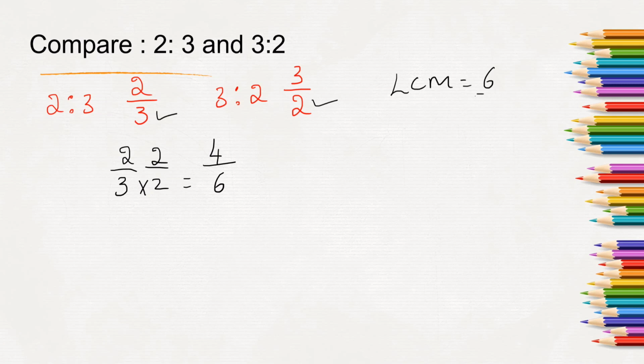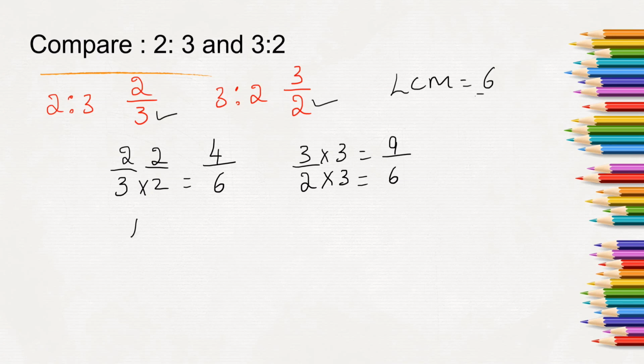So 4 by 6. Next, for 3 by 2, again we have to make the LCM as denominator as 6. So 2 3 times is 6. 3 3 times is 9. So we got the fraction as 9 by 6.